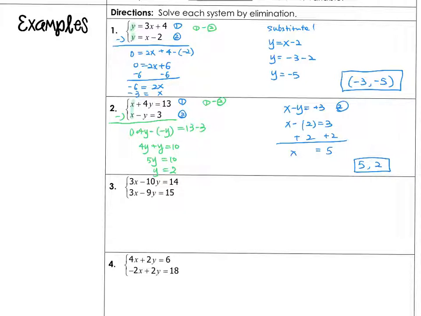Can you try to finish the third one by yourself? And I can give you the answer: 8, 1 is the coordinate where the two lines intersect.